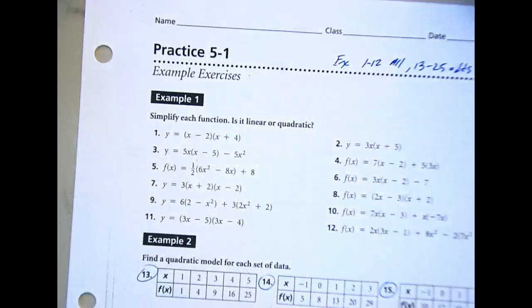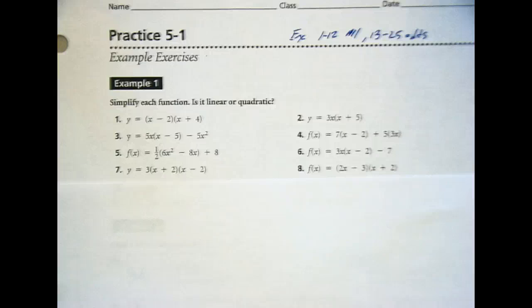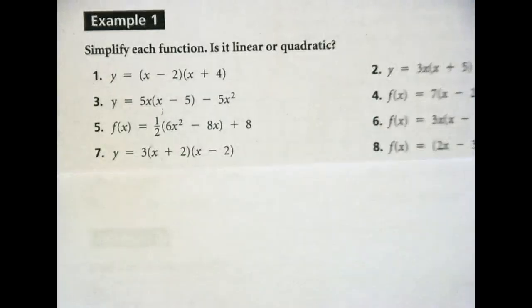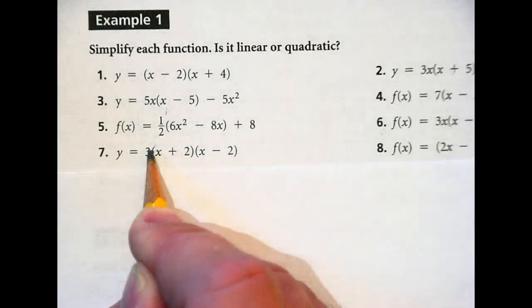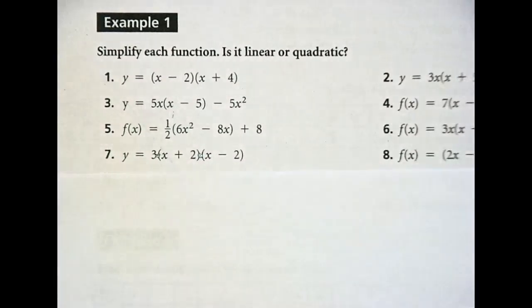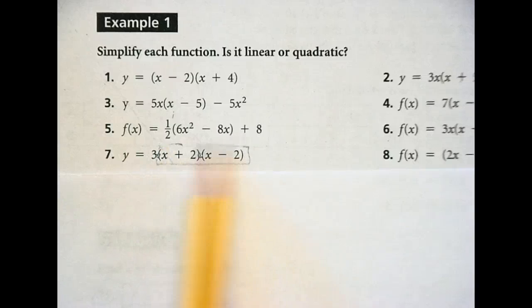Very good question just came up on number 7. So if you take a look at number 7, I'm sure others will have that same question. First thing is, this is 3 times that quantity x plus 2 times that quantity x minus 2. The question was, do you multiply the 3 in first, or do you just multiply these two first?